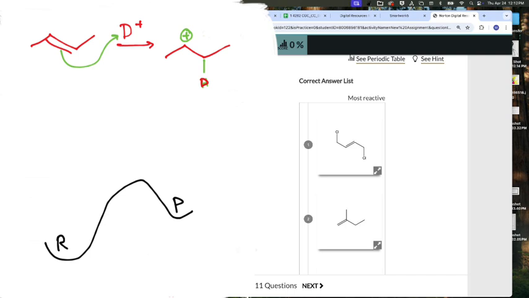So one option you suggested to speed this up would be to do what? Right? We could try and add in catalysts, but catalysts aren't going to change or look at what they're asking about. Okay? Heat is also going to be effectively a catalyst, but that's also, again, not what you're being asked to rank.